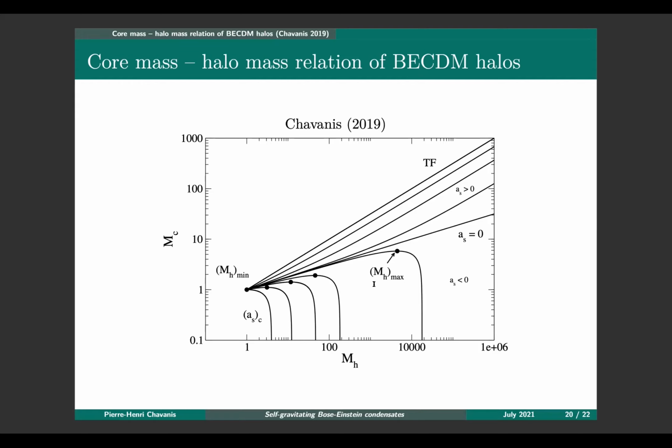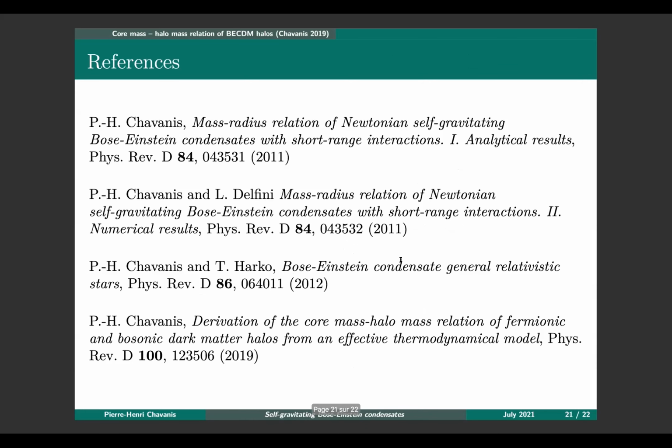If we use the values of the boson mass and self-interaction that are expected, unfortunately we find that the largest halos have a mass smaller than this critical mass. So apparently this collapse may not occur. But as I said, the values of the parameters are not strictly obtained for the moment, so this possibility remains possible. So I will stop here and give a list of references on this work.